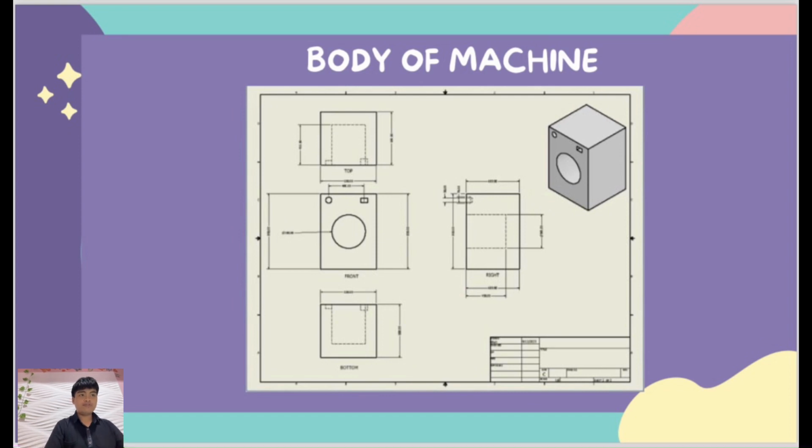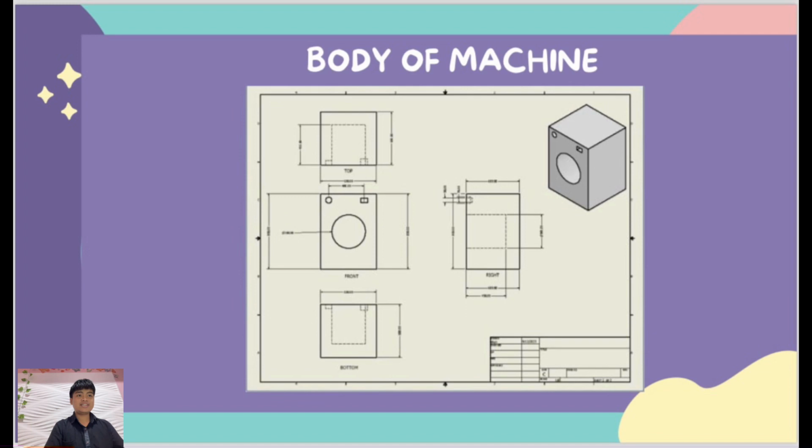So from the top view, the length of the machine is 600 millimeters, with the extruded inside of the machine being 450 millimeters, with the base of it being 630 millimeters. So moving on to the front view.